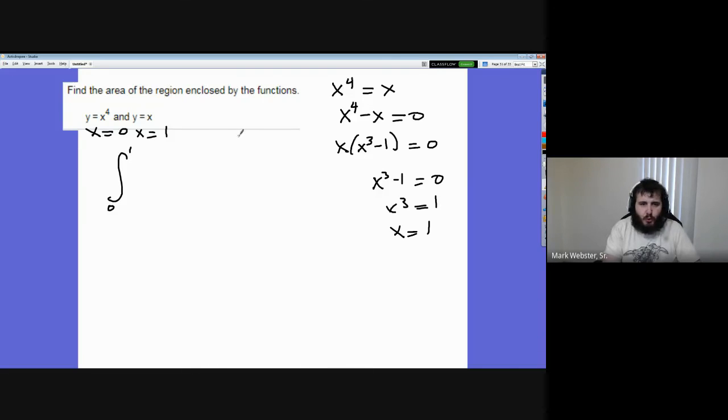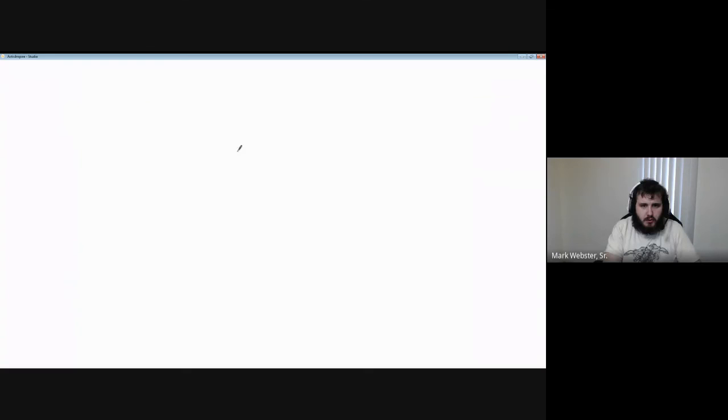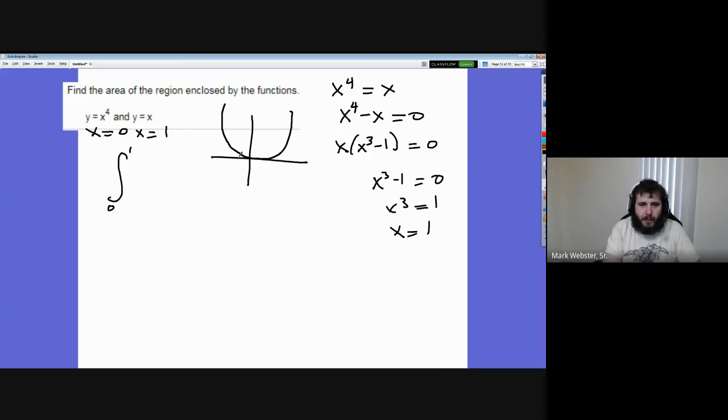And if we were to graph this, this is where having pictures in your mind helps. Here's the graph of x to the 4th, and here's the graph of y equals x. So it helps to know which one's on top and which one's on bottom. So we're doing x minus x to the 4th.